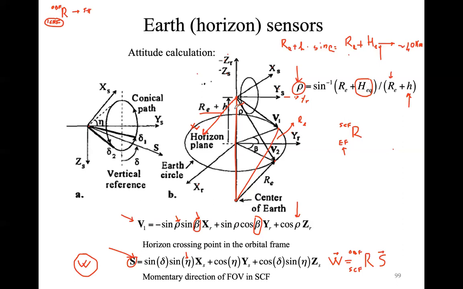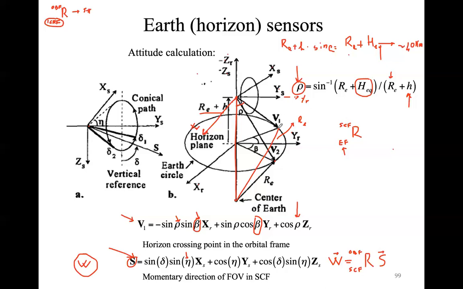So, for example, it means that the disk that you have will not be uniform because you have different amounts of CO2 in the atmosphere, and so that would also give you a different H equivalent, but could also provide some errors in the reading of your crossing point.